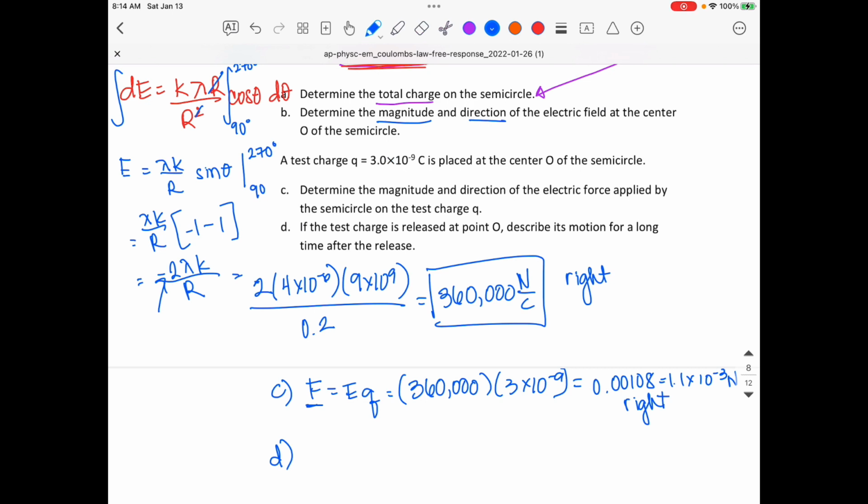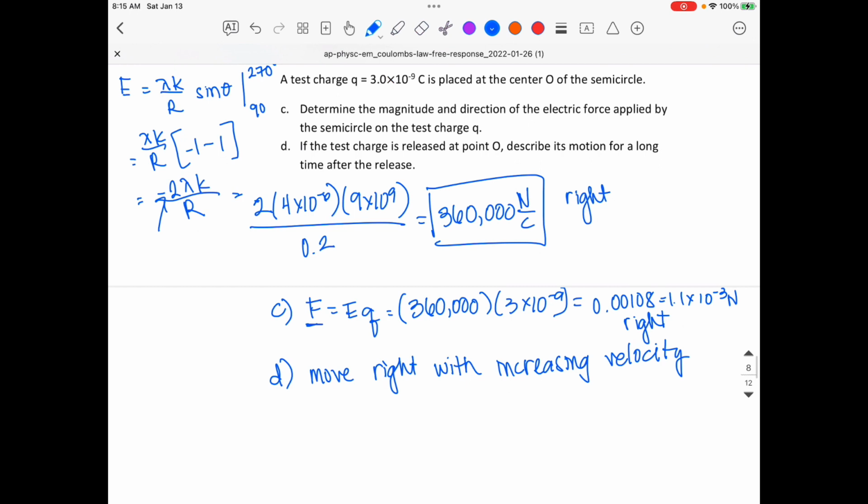So it's going to move to the right with increasing velocity, because it is accelerating to the right, but that acceleration is going to decrease as the distance increases because it's proportional to force. So it moves with increasing velocity and decreasing acceleration.